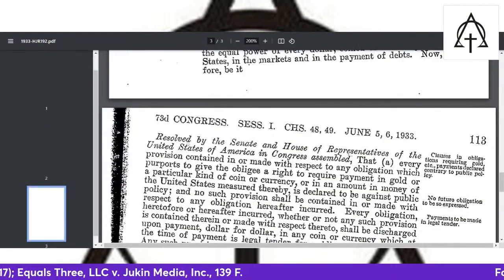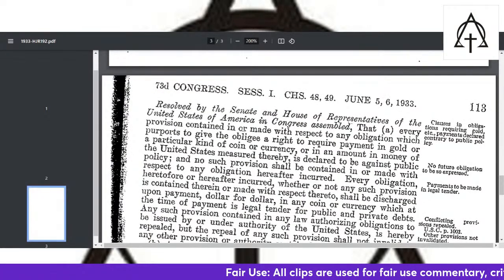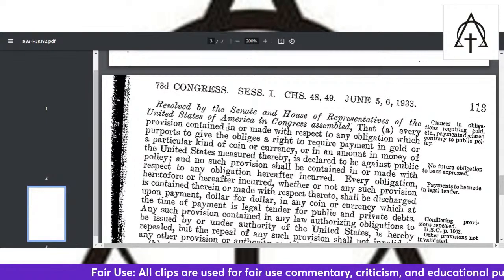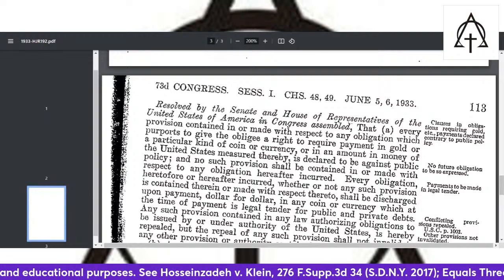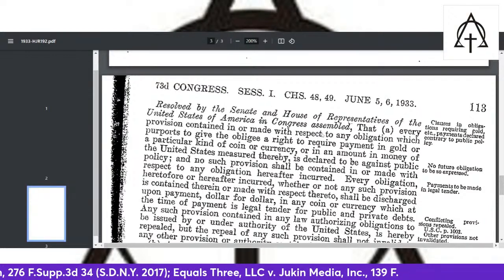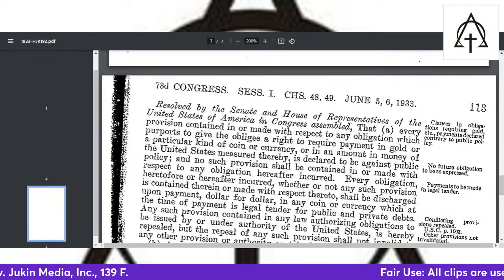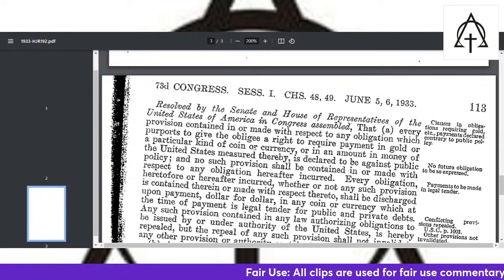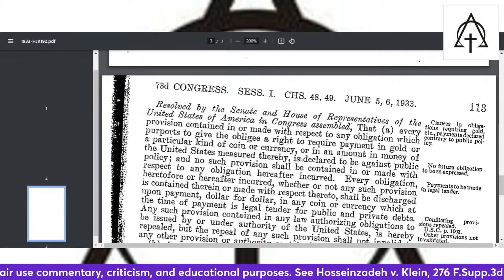Now, therefore, be it resolved by the Senate and House of Representatives of the United States of America in Congress assembled, that every provision contained in or made with respect to any obligation, that's their rules and regulations, and they are obligated to the people, that every provision contained in or made with respect to any obligation which purports to give the obligee a right to require payment in gold or a particular kind of coin or currency or in an amount in money of the United States measured thereby is declared to be against public policy.